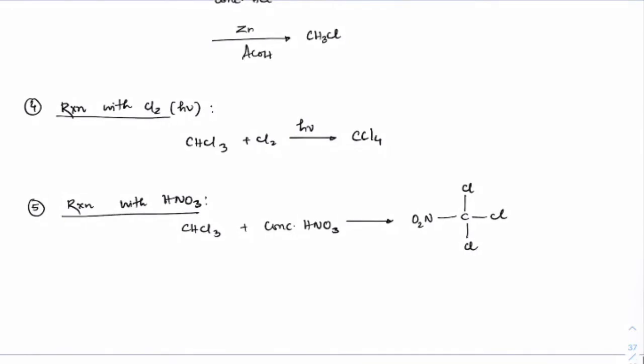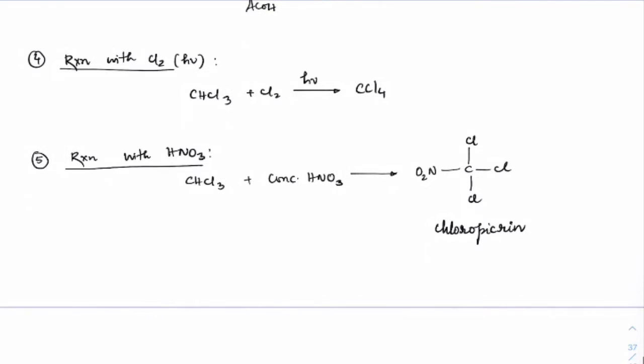Okay, so this is chloropicrin. The common name is chloropicrin, also known as nitrochloroform. It is used as an insecticide.